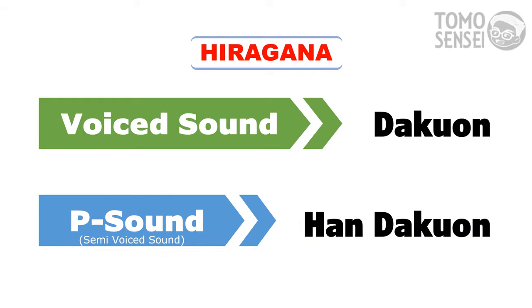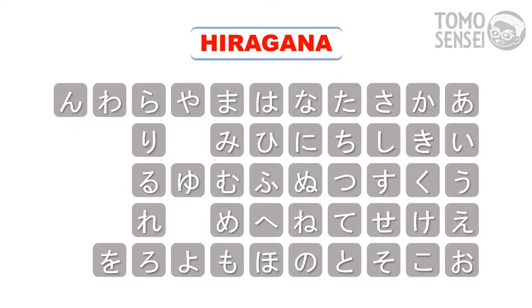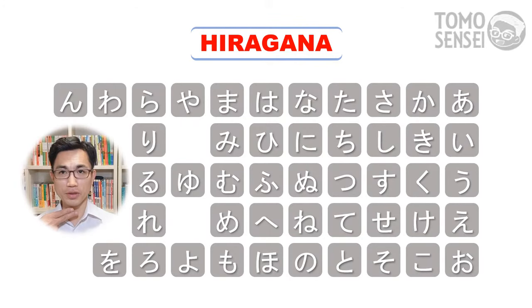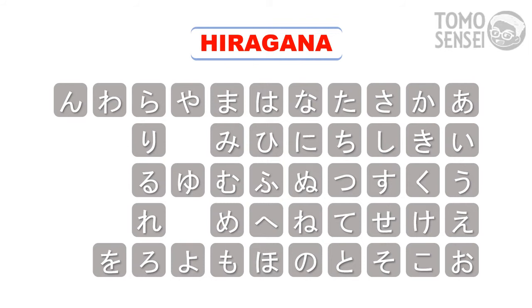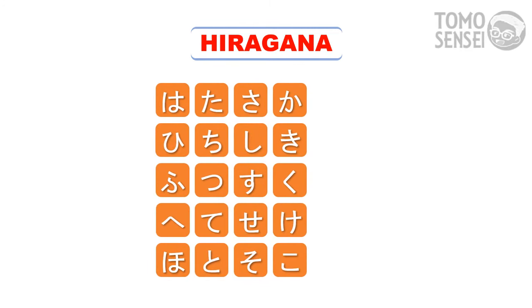さあ、始めましょう。The voiced consonants make your vocal cord vibrate. The unvoiced consonants of ka, sa, ta, and ha columns can become voiced consonants by adding a pair of short strokes on the upper right corner of the character.